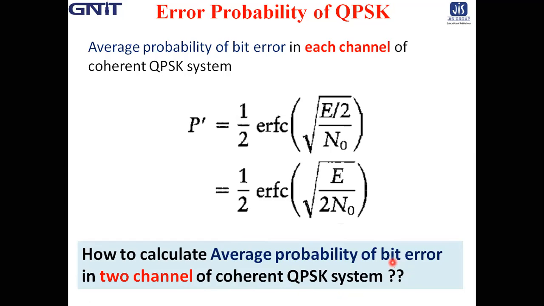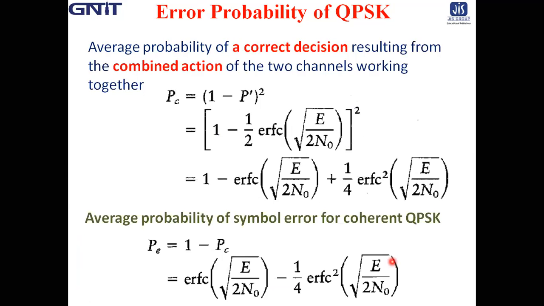Another important point to note is that the bit errors in the in-phase and quadrature channels of the coherent QPSK system are statistically independent. The in-phase channel makes a decision on one of the two bits constituting a symbol, that is a dibit of the QPSK signal, and the quadrature channel takes care of the other bit.